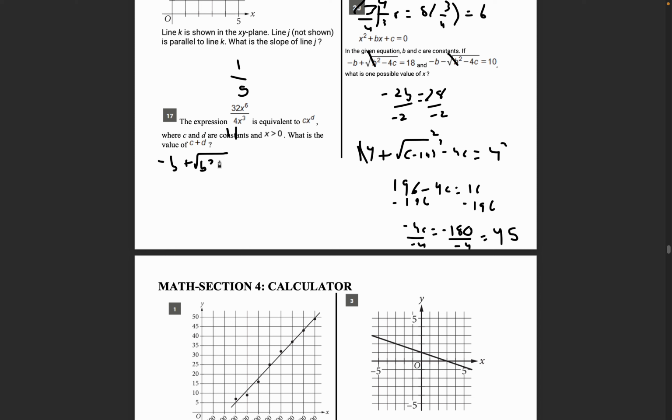This is the quadratic formula, but a is just 1, so they don't put it. And we have -b minus the square root of b squared minus 4c equals 10. So first of all, we're trying to find b, and we're trying to find c so we could factor it.